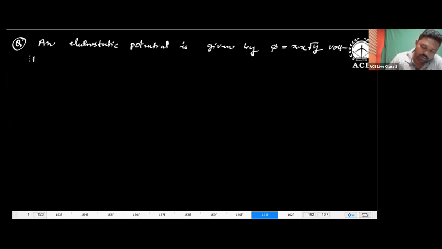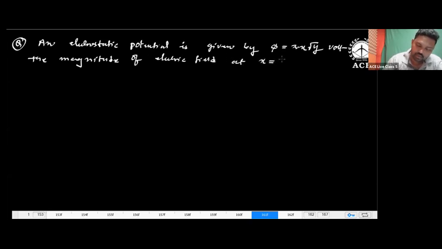The magnitude of electric field at x is equal to 1 meter, y is equal to 1 meter is... It is a simple and straightforward question, beta.